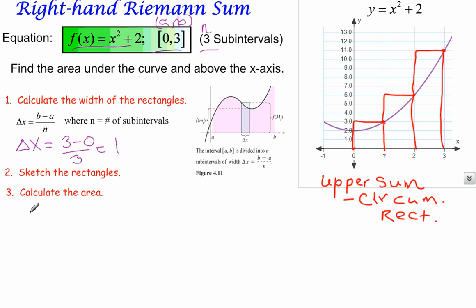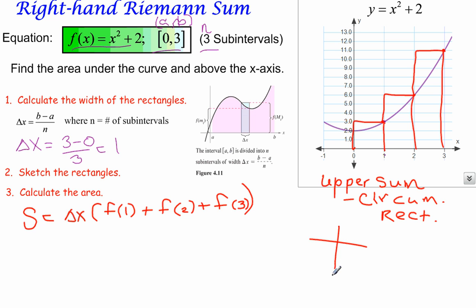Okay, let's do our calculation. The sum is equal to delta x times f of, I'm doing right hand, so I need f of 1 plus f of 2 plus f of 3. 3 is the only one I haven't calculated yet.